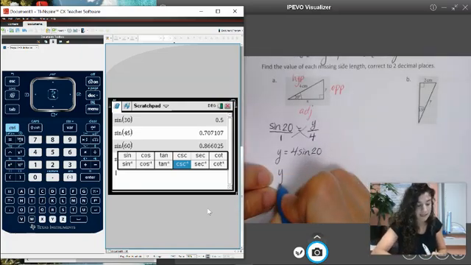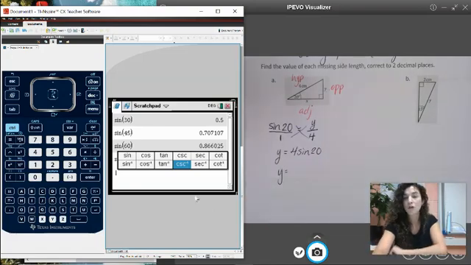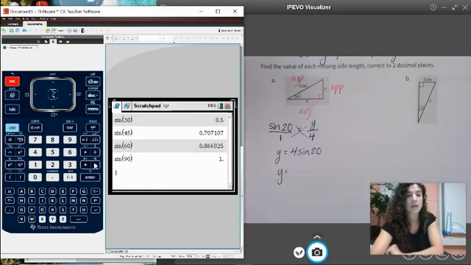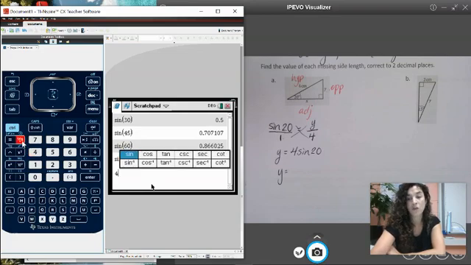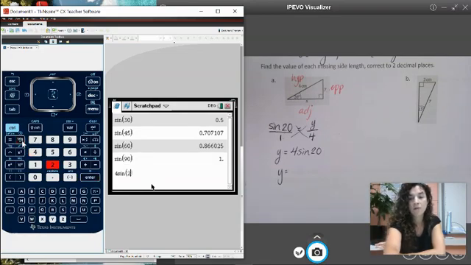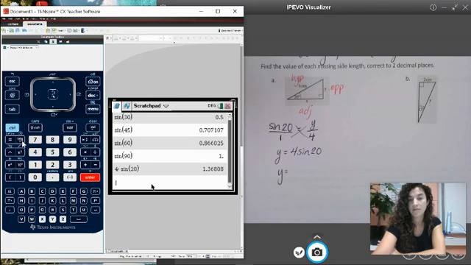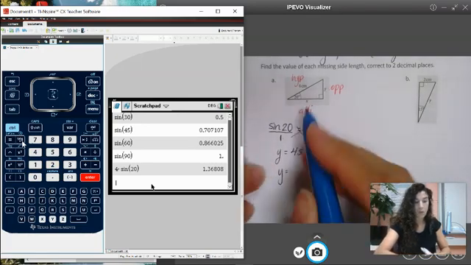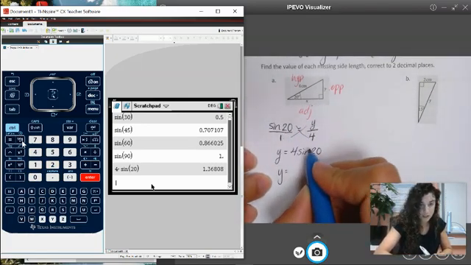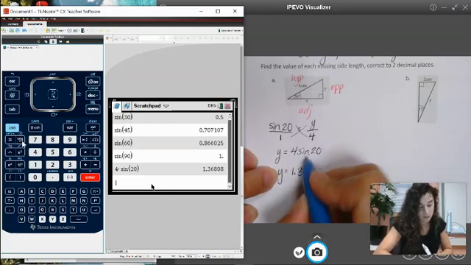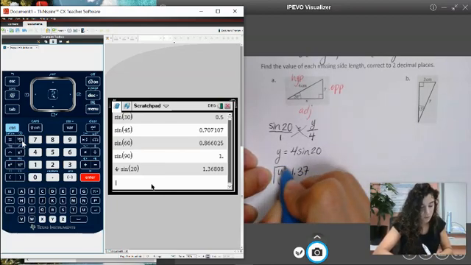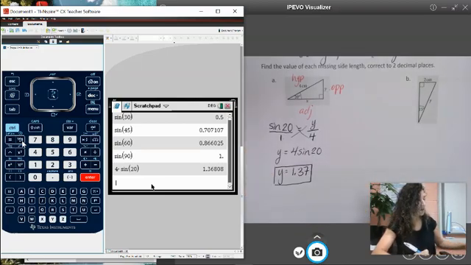Once you get y by itself, you can go to your calculator and do 4 times sine, or just 4 sine, of 20. You get that y is 1.37. We'll do 3 significant figures. Oh, and it says 2 decimal places. 1.37.